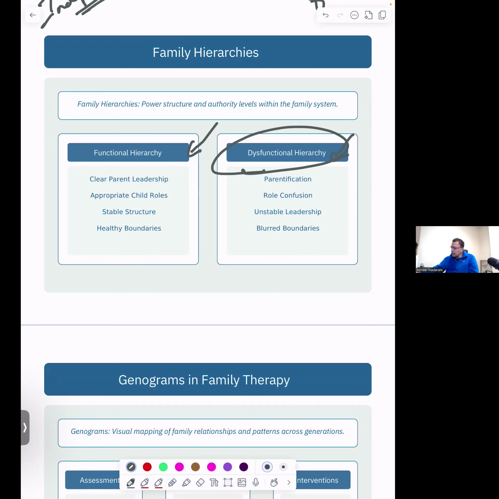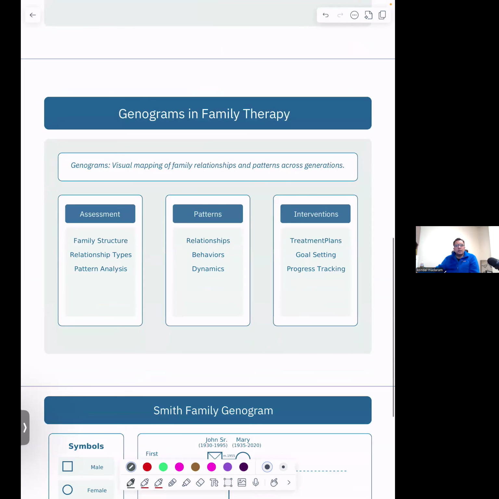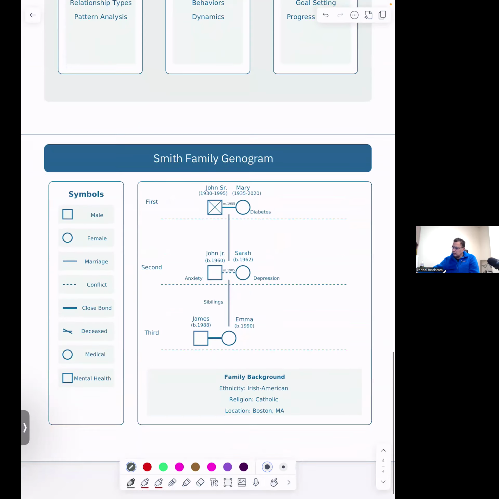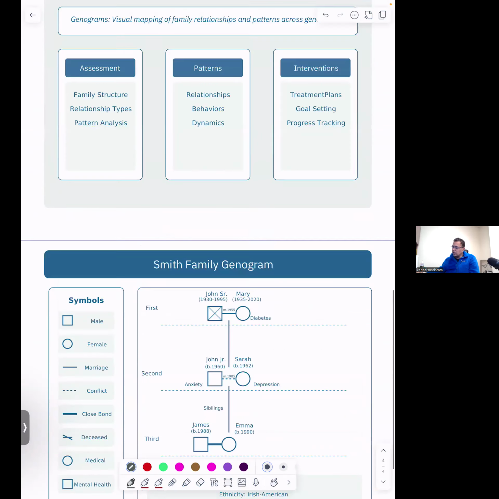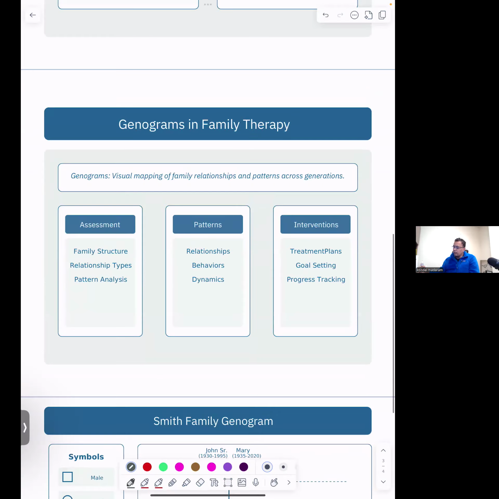Okay, let's think about another concept, genograms. This is a powerful tool in family therapy because genograms are visual maps, something like this. This is a genogram, and it gives us a visual mapping of family relationships and patterns across generations.